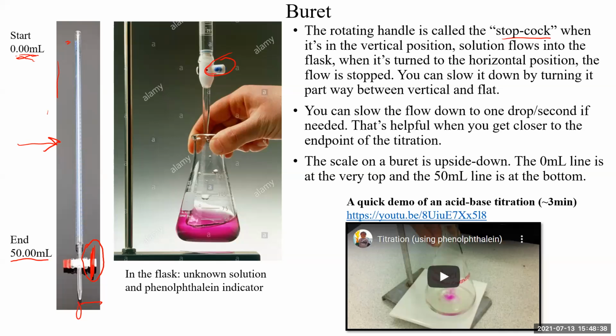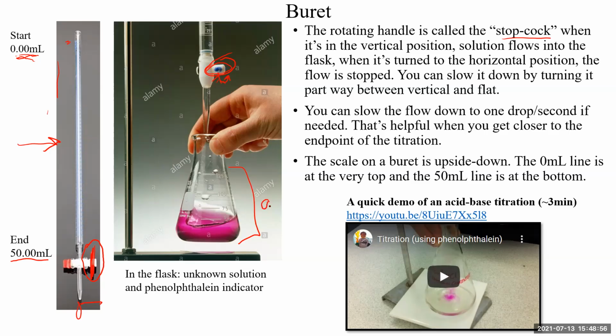But if you turn the stopcock horizontally, 90 degrees, it stops the solution completely. But you can stop at any point in between, any angle between 0 and 90 degrees, and you can allow for the slow drip of solution into your flask.